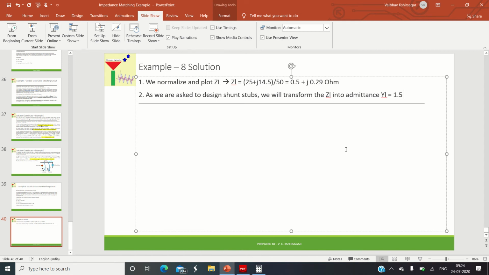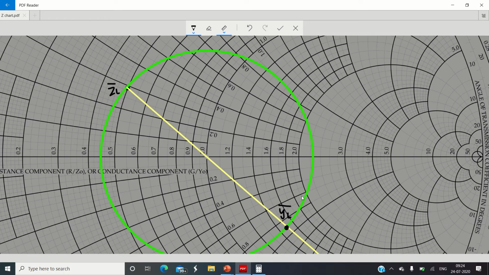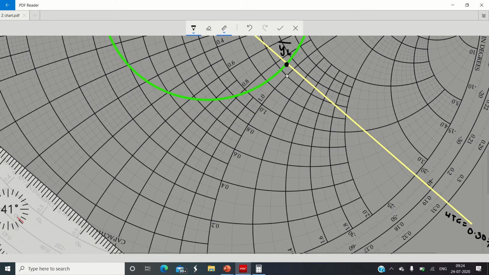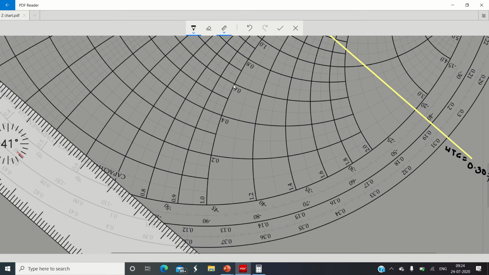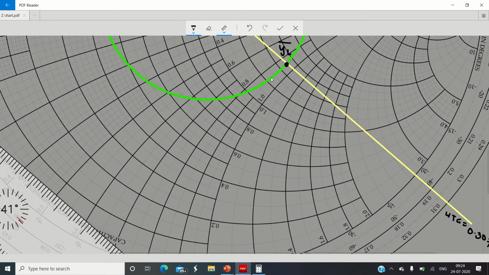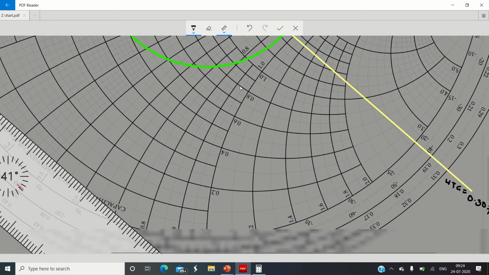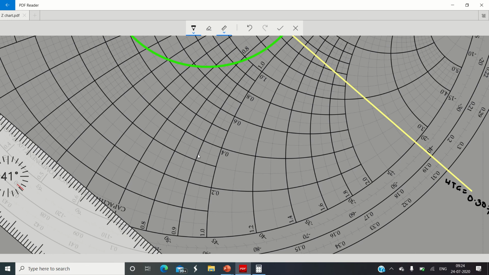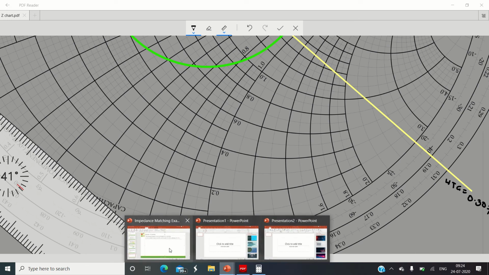As it is located in the downside, we need to follow the sign convention of the imaginary part as per the Z chart, so minus j, because it is located in the downside. What is the imaginary value? You can trace it out in this way. If you trace this particular line of susceptance, it is approximately 0.9. So I will write it as 0.9.